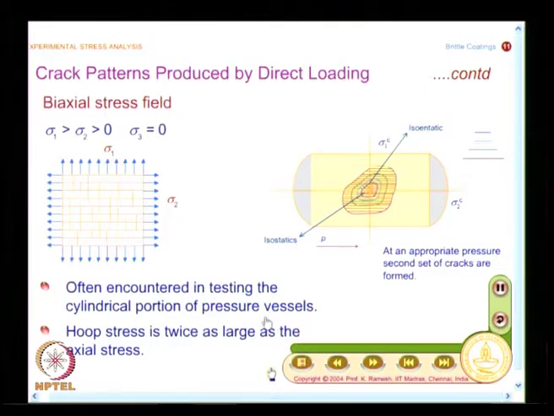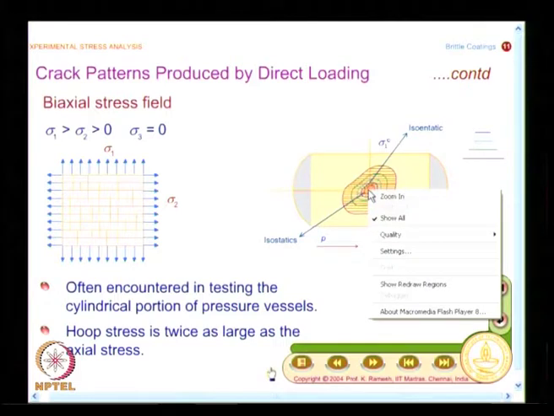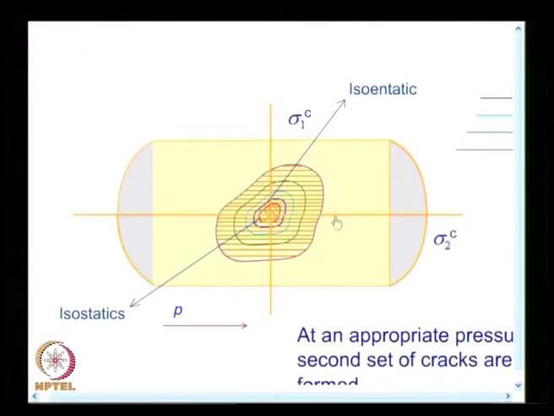So, it is of practical importance, and this is what I had mentioned, that hoop stress is twice as large as the axial stress. So, the first set of cracks form horizontally like this, then after increase of pressure the second set of cracks form, and that is what is shown here. You had already seen this in one of the earlier classes, and probably you could also see it a little closely.